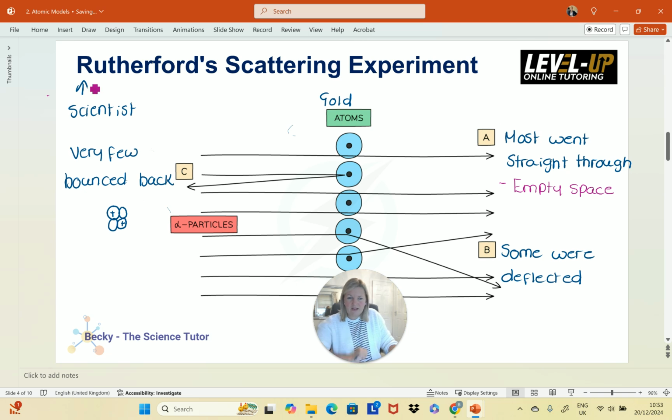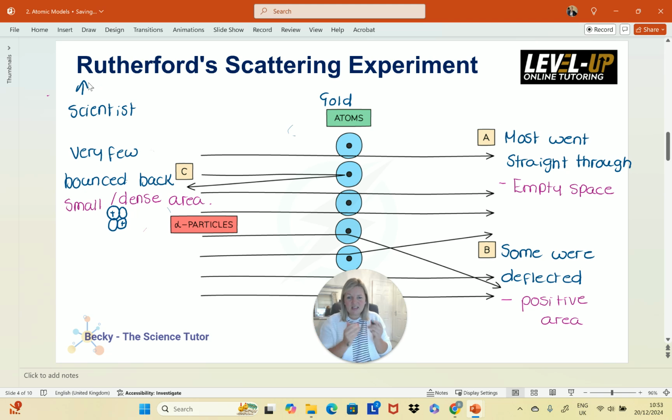The fact that some of them were deflected meant that there must be a positive area, for the moment. So there must be a positive bit within them. And that very few bounce back means it must be a small but dense area, because it's hit it and bounced straight back.